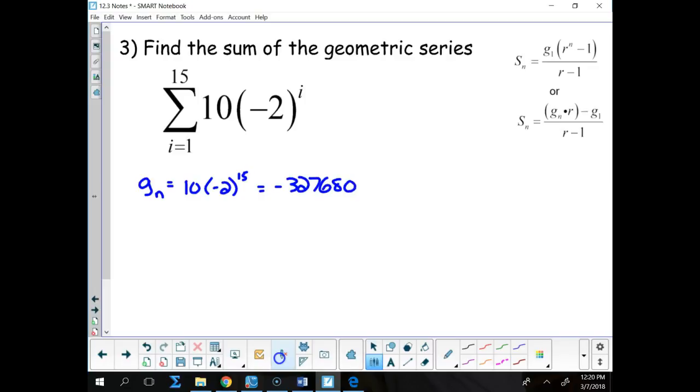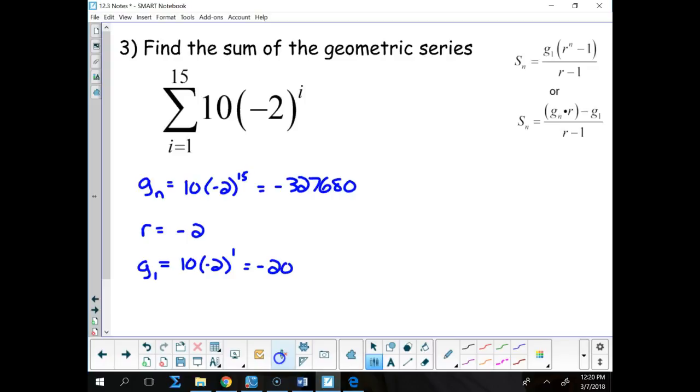I need R. What's R? Negative 2. I need G sub 1. What is G sub 1? Negative 20, because it's 10 times negative 2 to the first power, which is negative 20. So, how many terms are there?